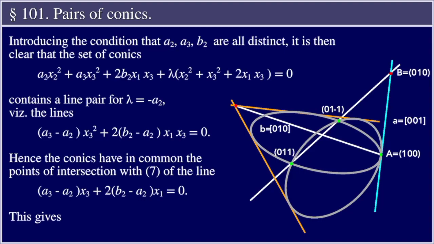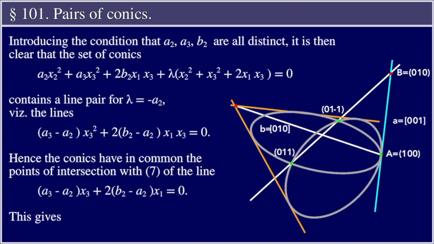Hence, the conics have in common the points of intersection with 7 of the line, the quantity a3 minus a2 x3 plus 2 times the quantity b2 minus a2 times x1 equals 0.